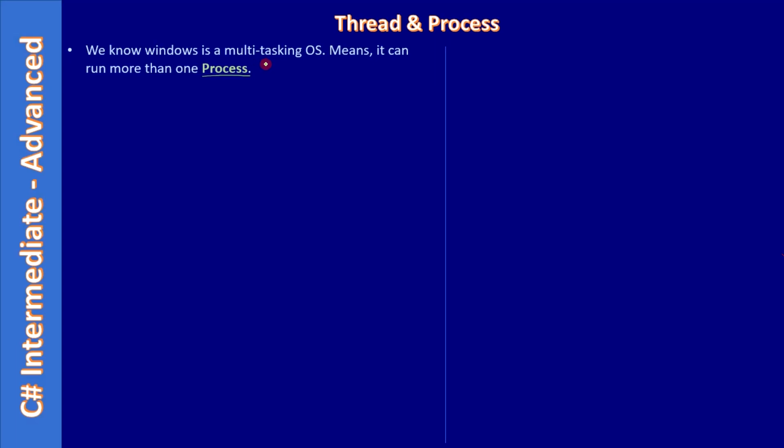Parallel way in the sense that we will learn about time slicing in this video itself. At that time you will come to know, but from the end user perspective it will look like the operating system is running multiple processes. Since it is running multiple processes, we can say it is multitasking.